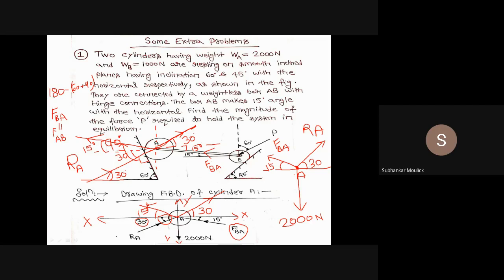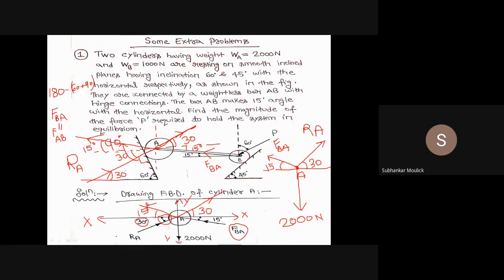So let us use Lamy's theorem. Our process will be simpler, it will take less time, it will take less space. What is Lamy's theorem? Force 2000 divided by sine of the angle between the opposite two forces, that means this angle. Can you tell me how much is this angle?